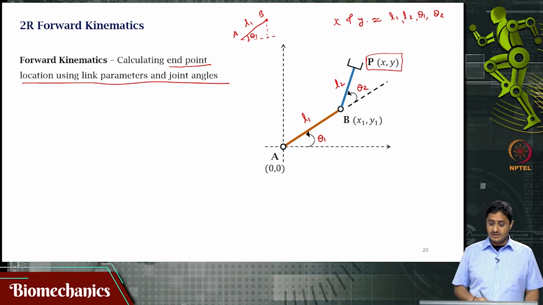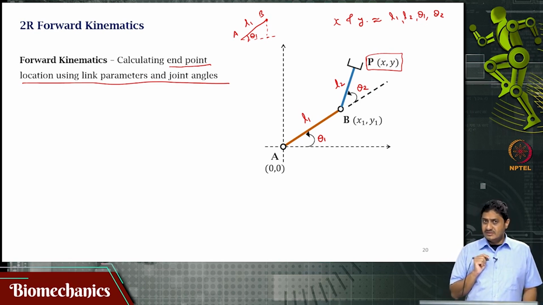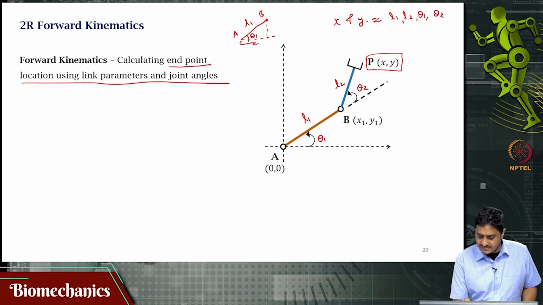How? Well, what is the coordinate of B? It has two coordinates, an x coordinate and a y coordinate. That is the x coordinate, is it not? That is the adjacent side of the right triangle ABX.